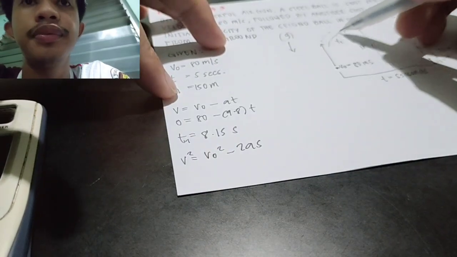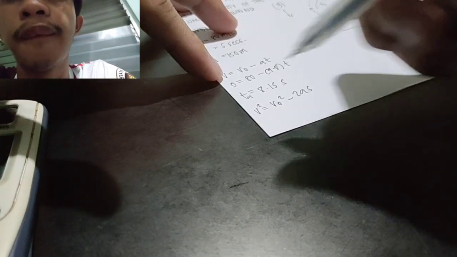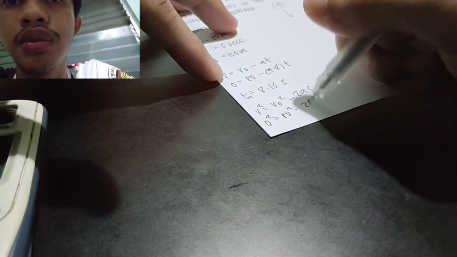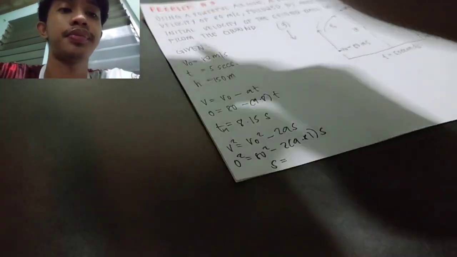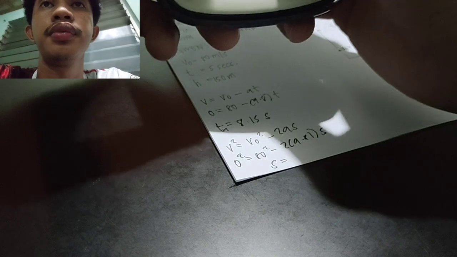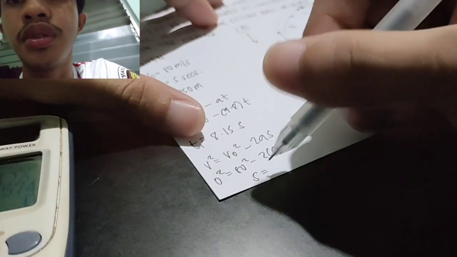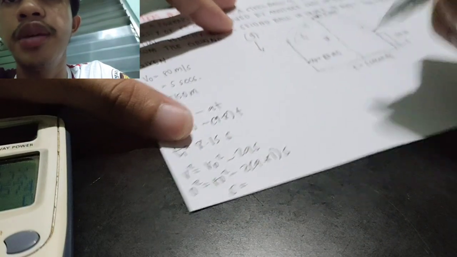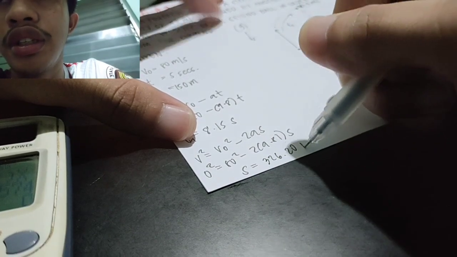Minus again, since the motion of the ball is against the motion of gravity. So 0 squared is equal to 80 squared minus 2 times 9.81 times S. So the height from the ground to the apex of the ball is 326.20 meters.